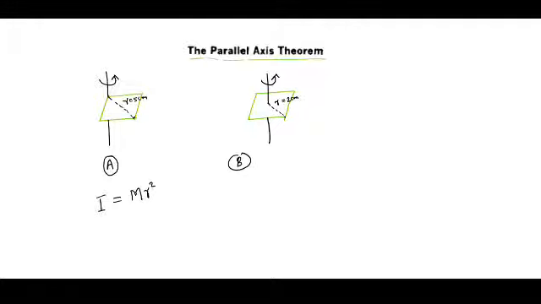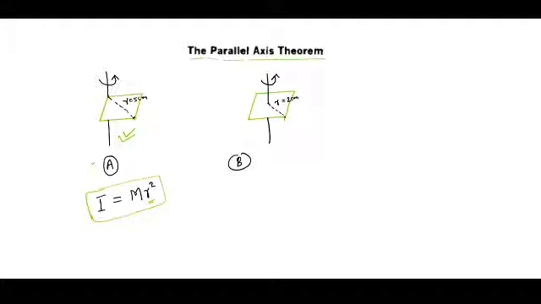The moment of inertia of this lamina can be found using I equal to m r square. You know that the moment of inertia is different in both cases because the mass distribution is at a larger distance in case A, because r is larger. Therefore, the moment of inertia is larger in case A.